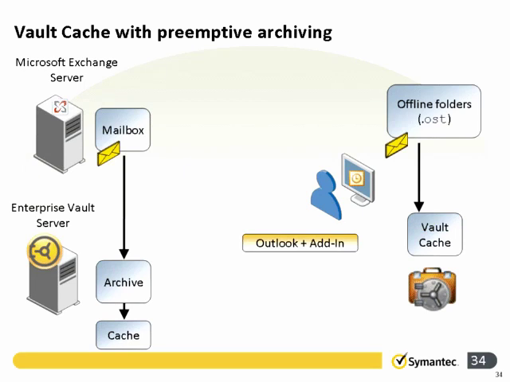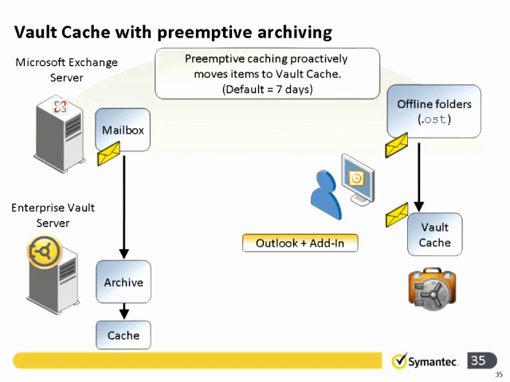Well, with preemptive archiving set up, we've got the capability of having the offline folder know when an item becomes eligible for archiving. So when that particular item becomes eligible for archiving, and you can configure how often or how far in advance you want to do this, it will move that item into the Vault Cache.